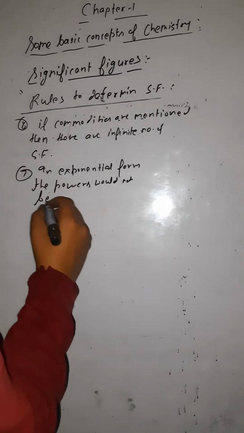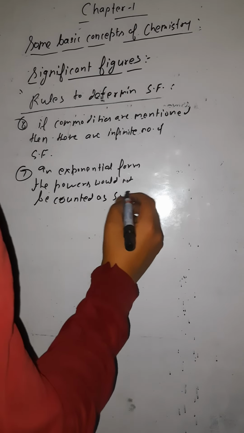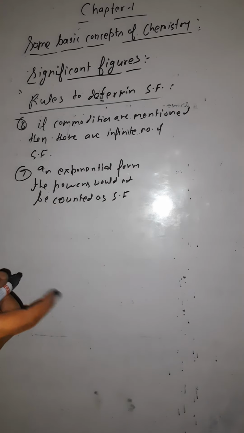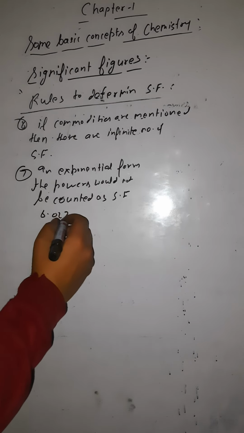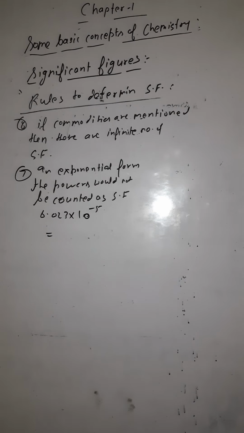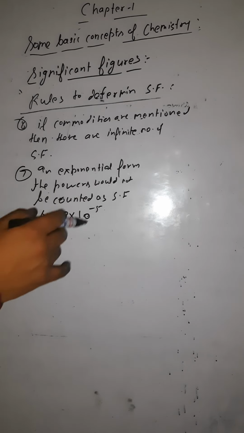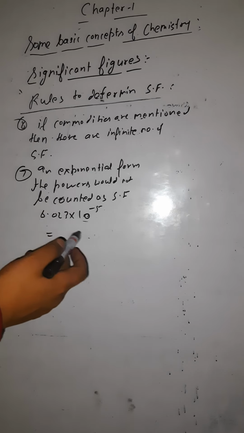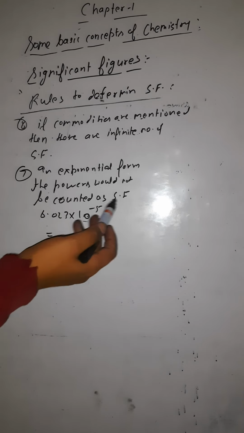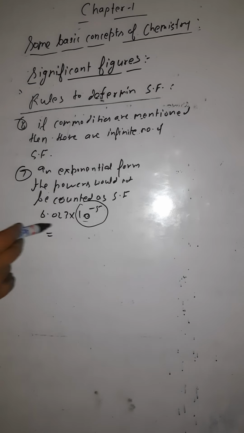Let's say suppose I am writing here 6.023 multiplied by 10 to the power minus 5. Can you tell me the number of significant figures here? You would not count the powers. Only this much you would count.